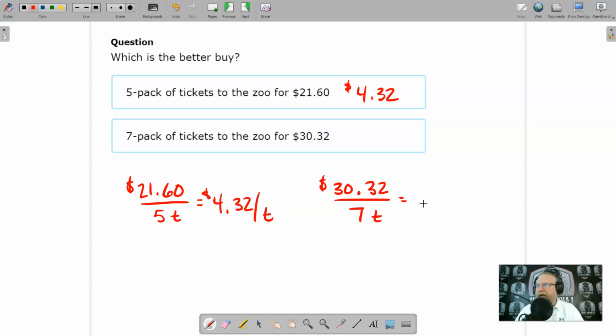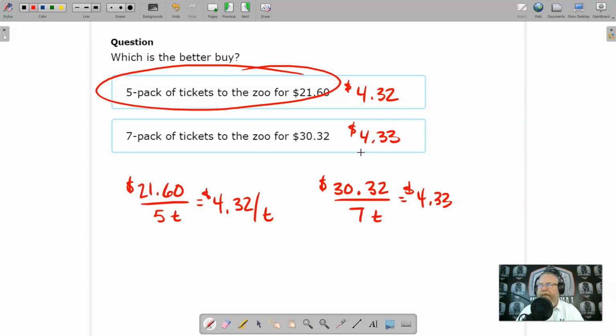So that's going to give me, looks like $4. I got to round it. $4.33, because it goes 1, 4, 2, etc. $4.33. All right. So actually, I almost said the second choice. The first choice is a better buy by a penny.